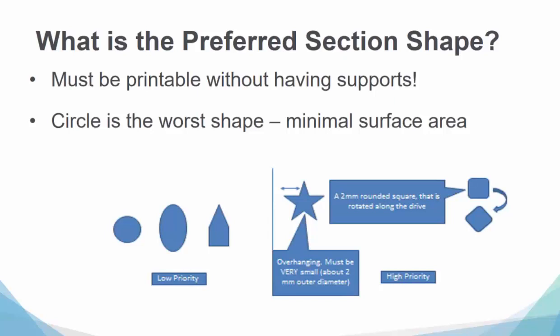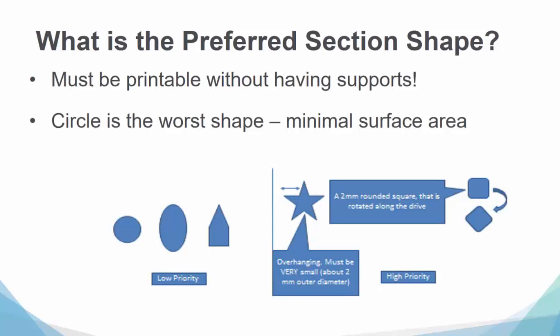So the shapes on the left-hand side, perhaps the most printable, are what you might consider the lower priority in terms of heat. Whereas on the right-hand side, you can get more heat because of those shapes, but the caution is to make sure that you don't have wide horizontal areas across the top, because those will become overhanging.